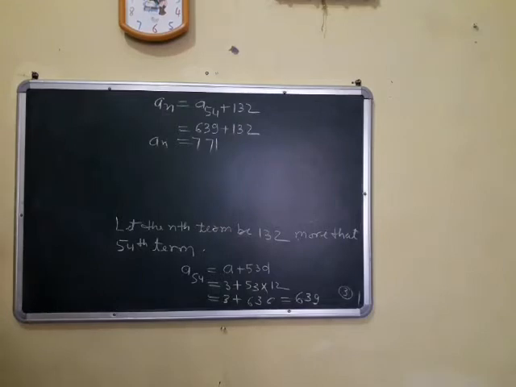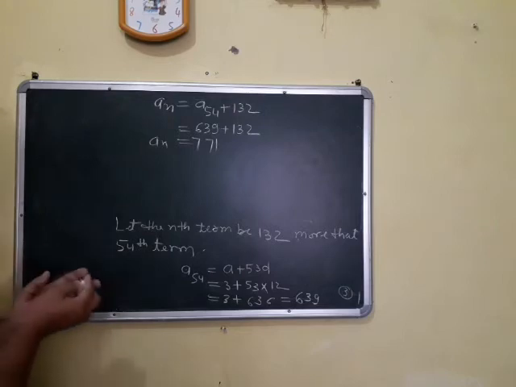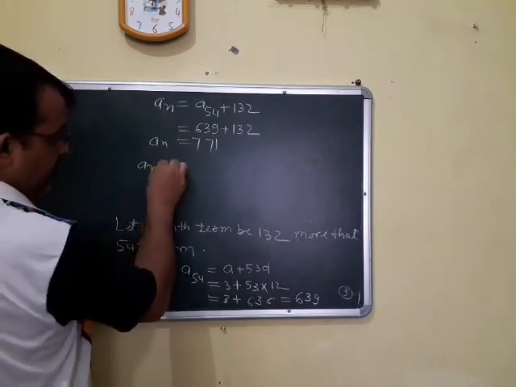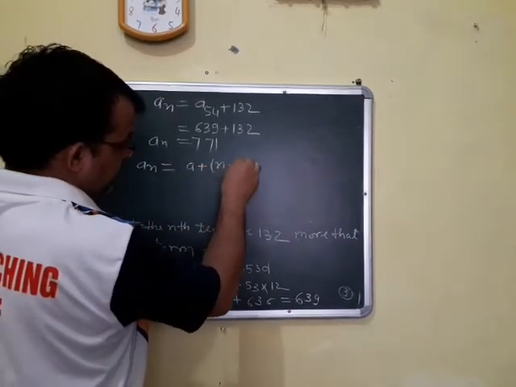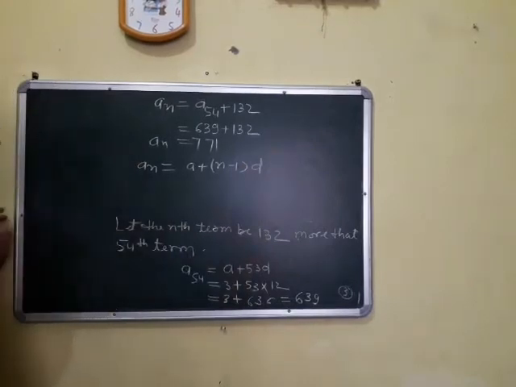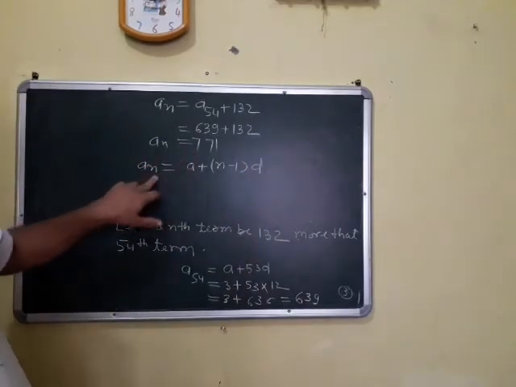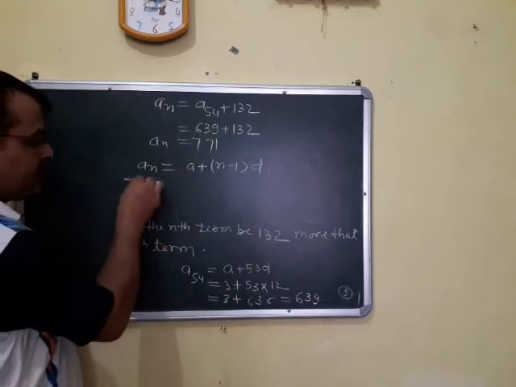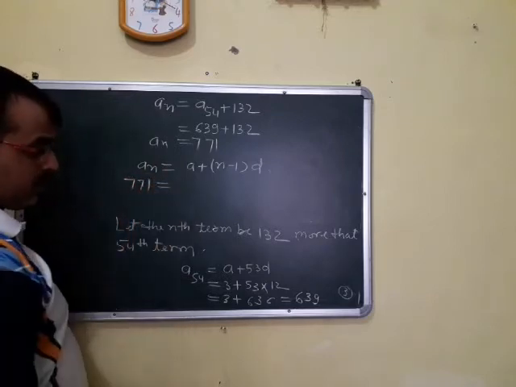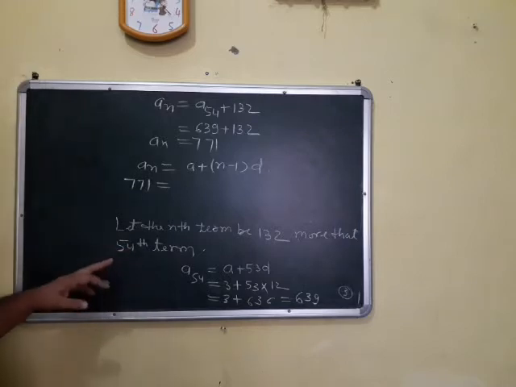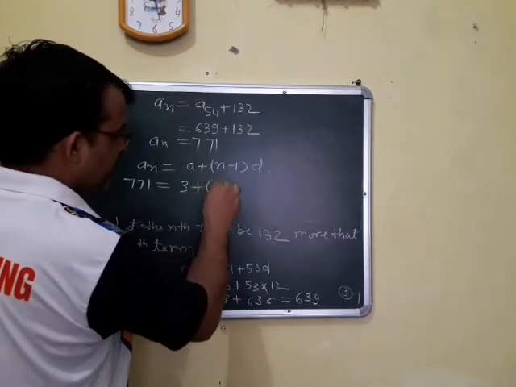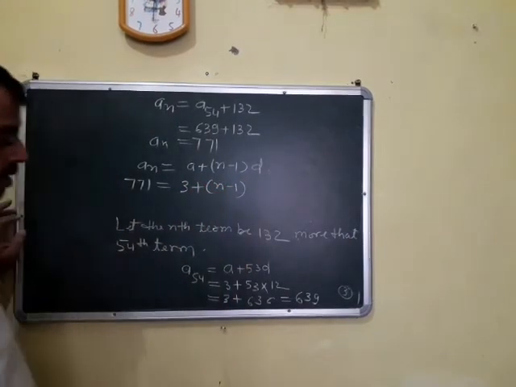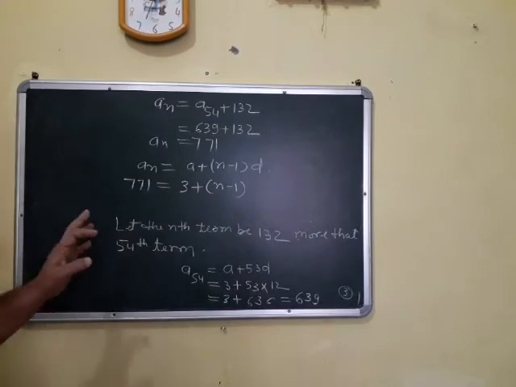What do we find again? Clear? So what we find here is n. To find n, an is the general term: an equals a plus (n minus 1) into d. Clear? Now look here, an, the last term, he has given 771, is equal to a, which we already found, a is equal to 3, plus (n minus 1), and d we find here is 12.